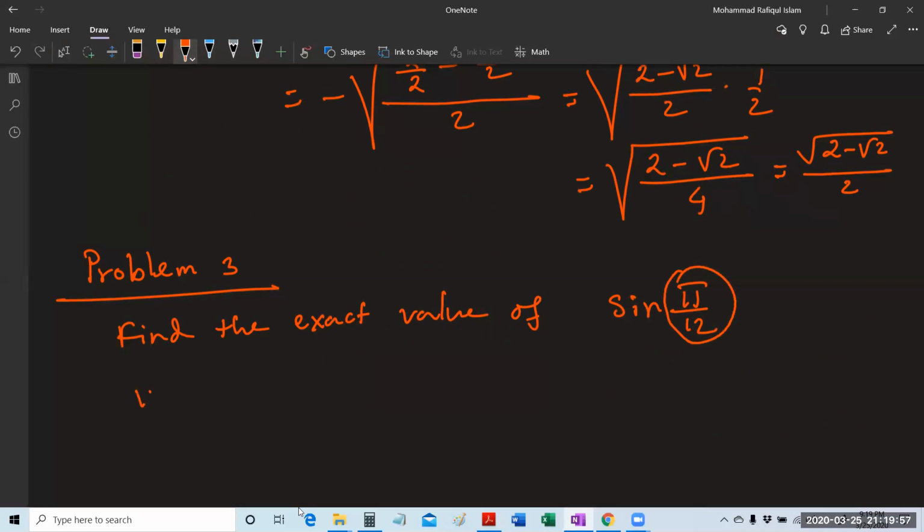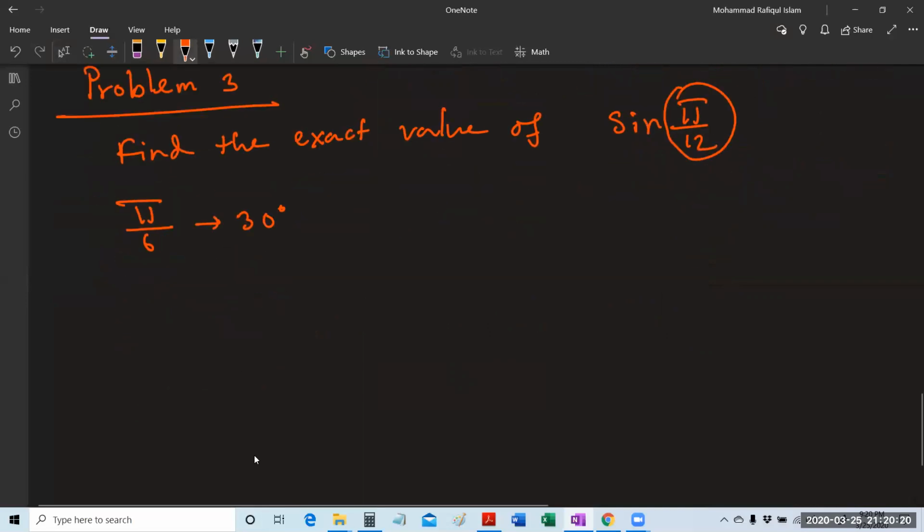We already know the angle pi over 6, which is 30 degrees, and now we have the angle pi over 12, which is definitely less than 30 degrees. So it's definitely in the first quadrant, and in the first quadrant every trigonometric function is positive. So we can use the positive version of the sine u by 2 formula.